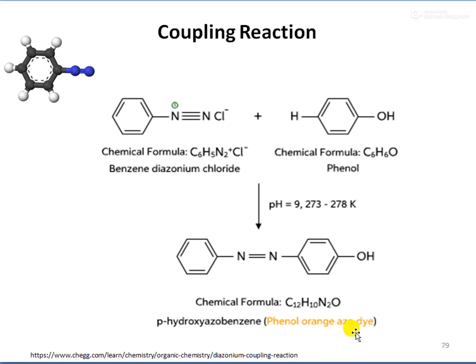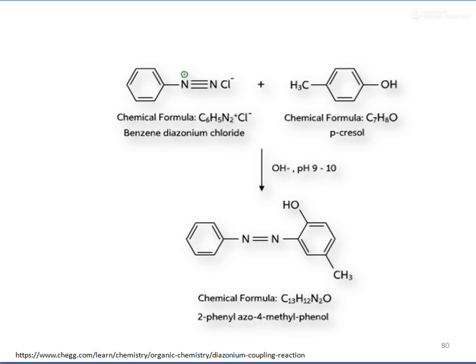This is an orange colored azo dye. It is called azo because it has two nitrogen atoms bonded with a double bond. And in this case, if the para position is not free, the coupling occurs at the ortho position.